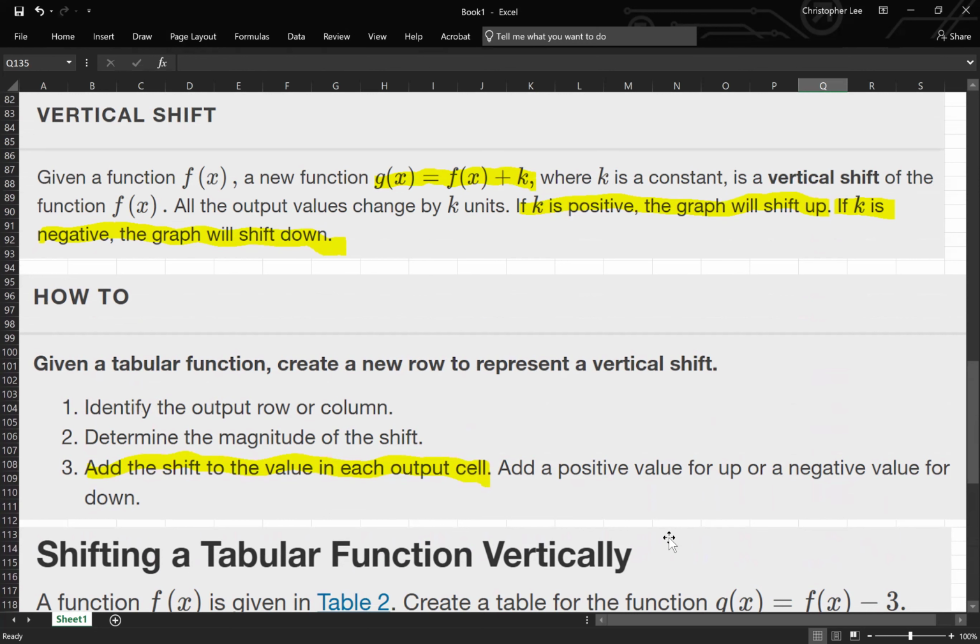As long as you can remember you just change the Y value, the output, we're good to go with the vertical shift. Now we've got something else to talk about afterwards.